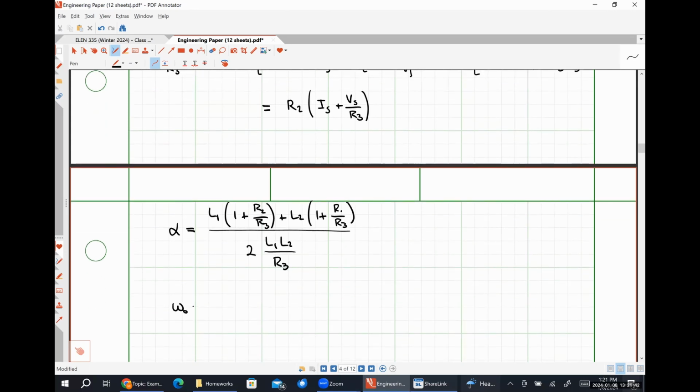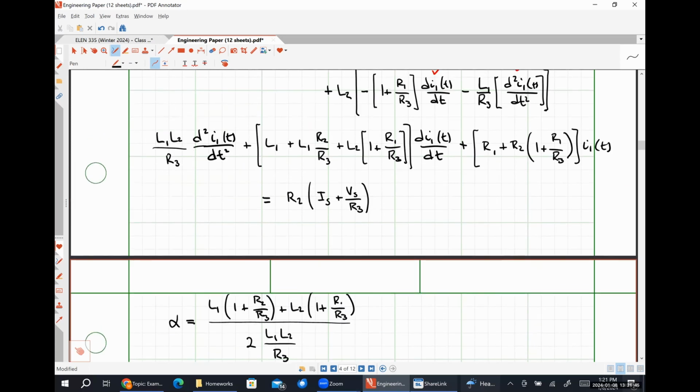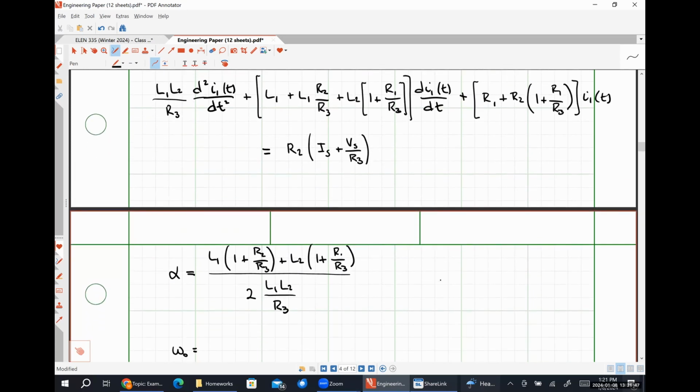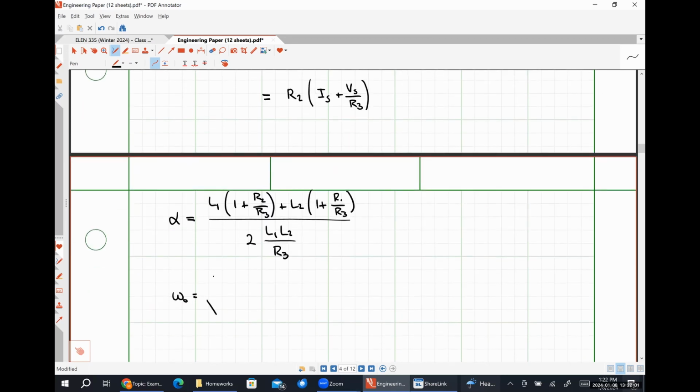And omega naught is going to be R1 plus R2 times 1 plus R1 over R3. I have an incredulous look on my face for those of you that are wondering, because I'm surprised that the inductor value doesn't have anything to do with omega naught at all.